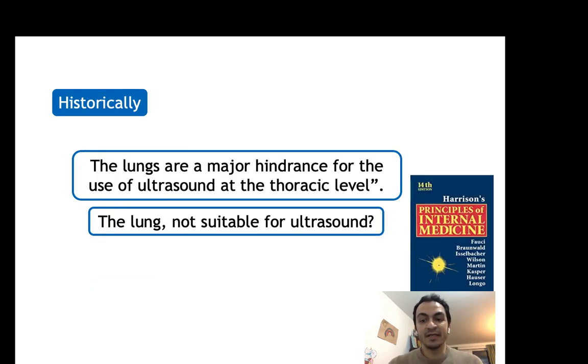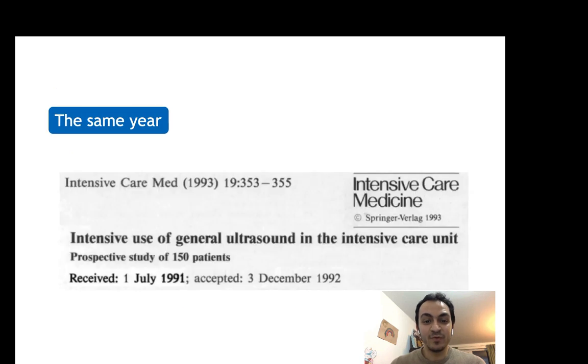So historically, in Harrison's textbook of internal medicine, it was said in the 1990s that the lung is not suitable for ultrasound. And unfortunately, or actually fortunately, this has proved to be wrong. Around the same time, Daniel Lichtenstein published his seminal paper on the use of lung ultrasound in the intensive care unit.